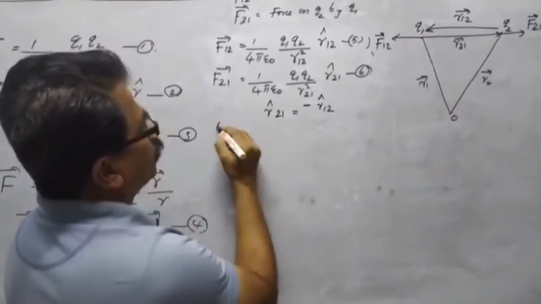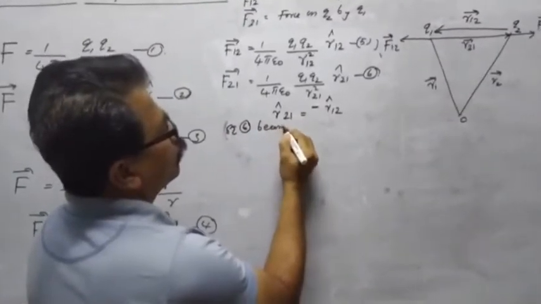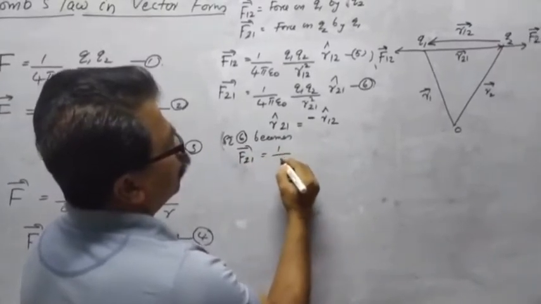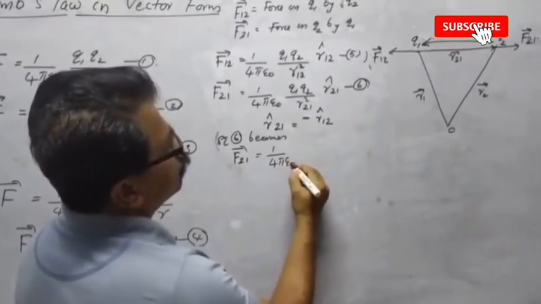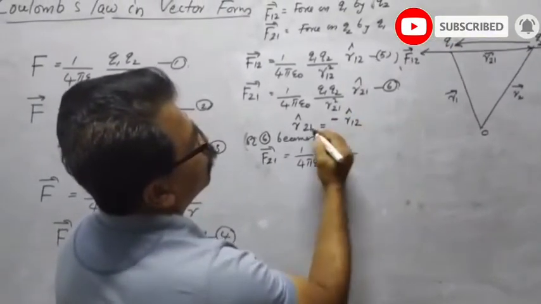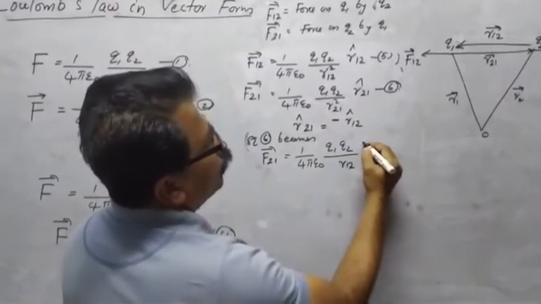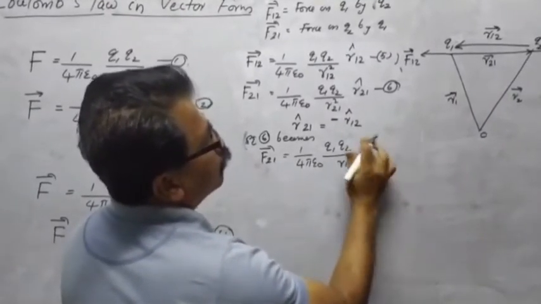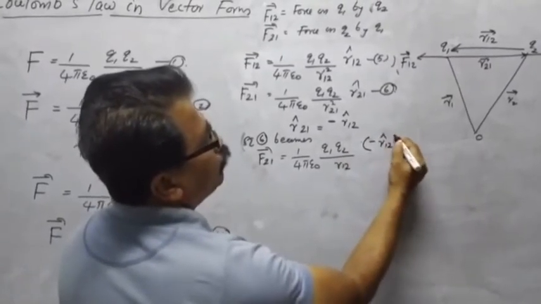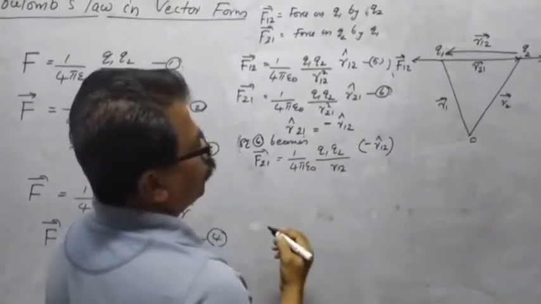Therefore, equation 6 becomes F21 equal to 1 by 4 pi epsilon 0 Q1 Q2 by R square 21 into cap R21. Cap R21 is nothing but minus cap R12, because cap R21 is nothing but minus cap R12.